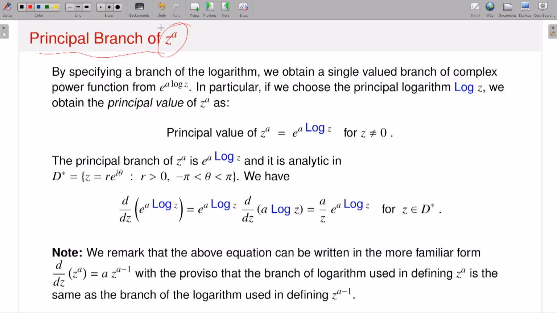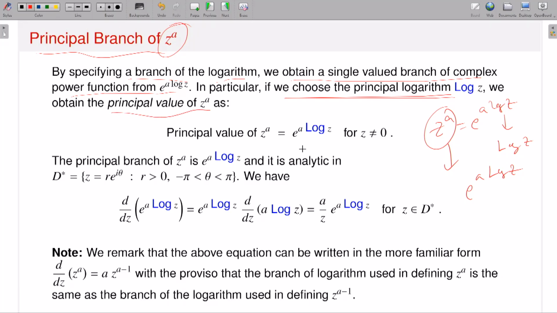Now it is clear that by specifying a branch of logarithm, we obtain a single valued branch of a complex power function of the form e to the power a log z, small log. In particular, if I choose the principal logarithm, since z to the power a is defined as e to the power a small log, and small log has a principal logarithm capital Log, this will have a principal branch, which is e to the power a times capital Log of z.